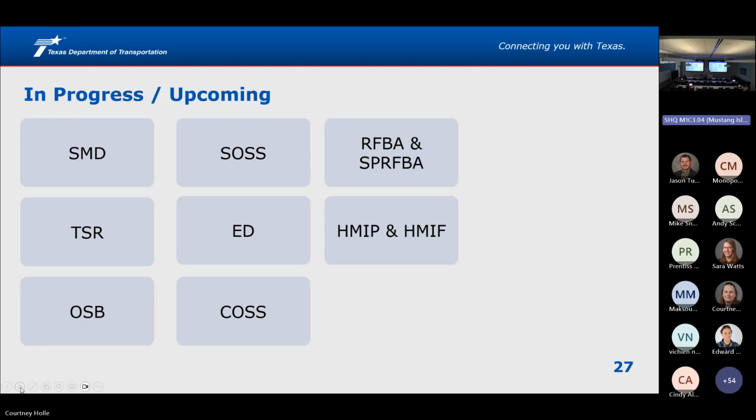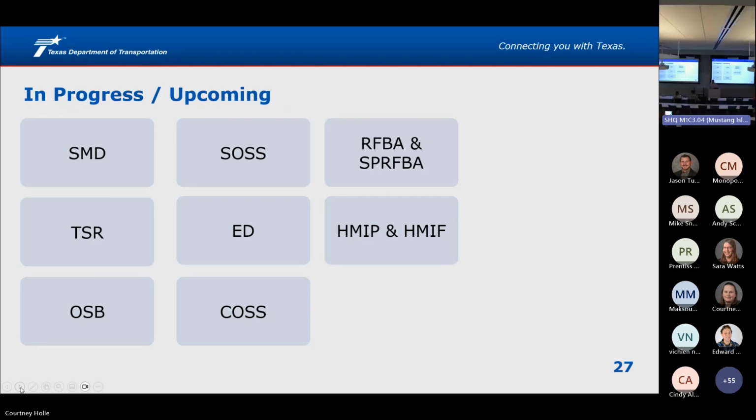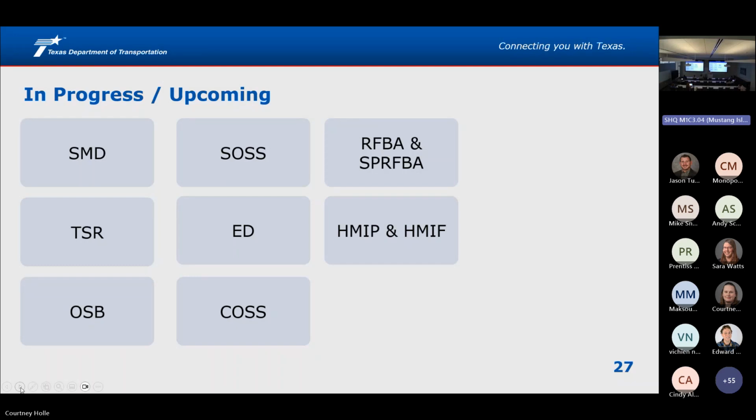Some of the standards that we're still working on are our sign mounting details. There's one little hurdle that we're trying to get over. It's going to change the way, I think that's maybe not really related to y'all.